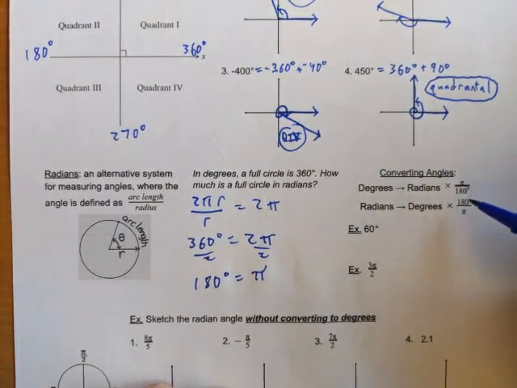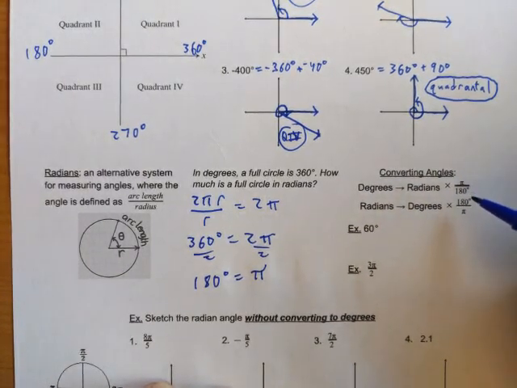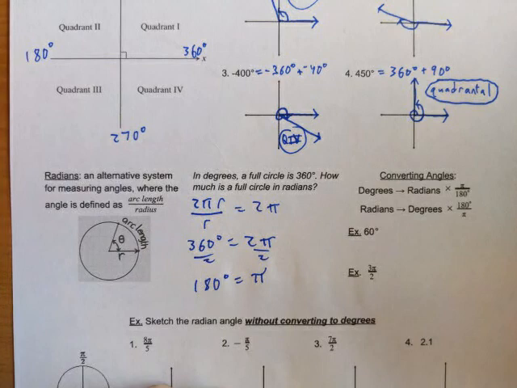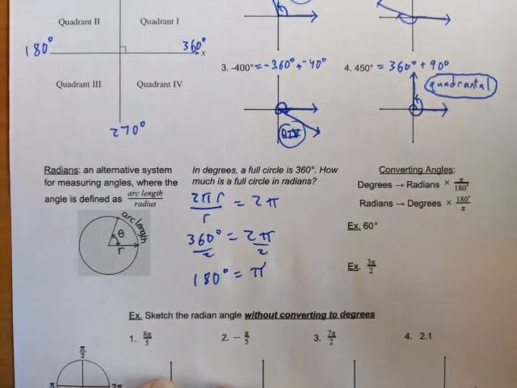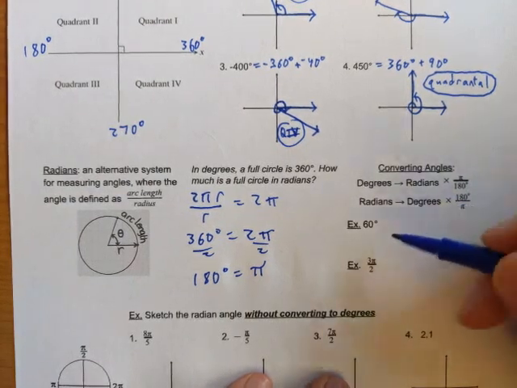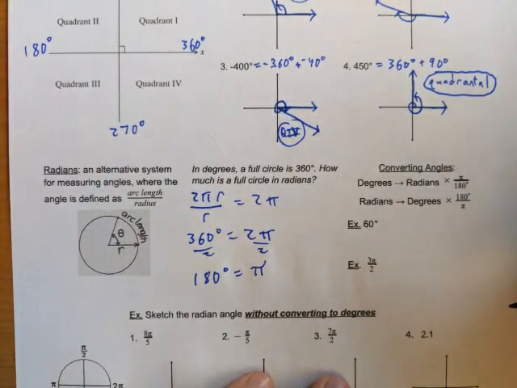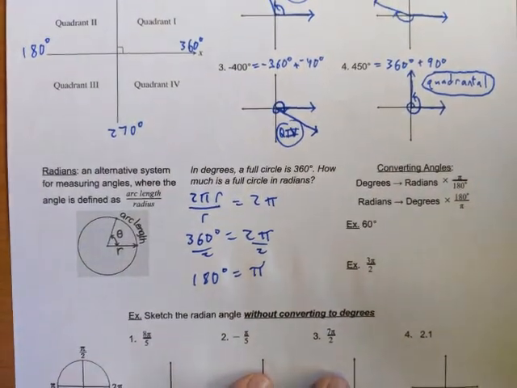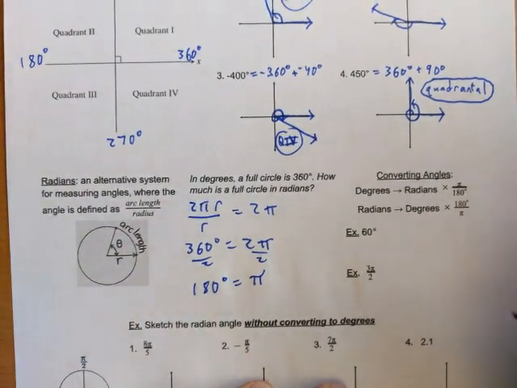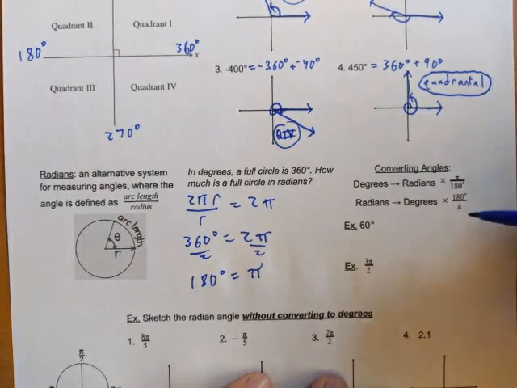We know that pi and 180 degrees are equal to each other. So if we multiply by pi over 180 or 180 over pi, we're really just multiplying by 1, which we're allowed to do. It keeps the angle equivalent and switches it back and forth for us, like multiplying by 1 foot over 12 inches, or 3 feet over 1 yard. So we just need to know which fraction to use.